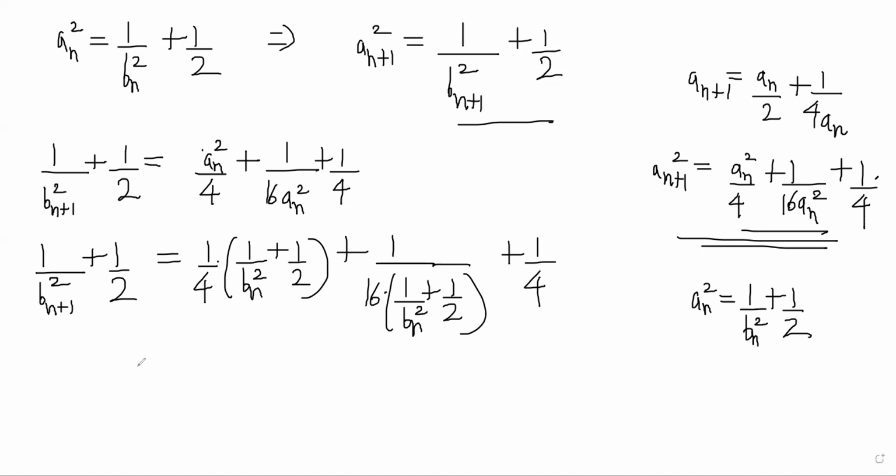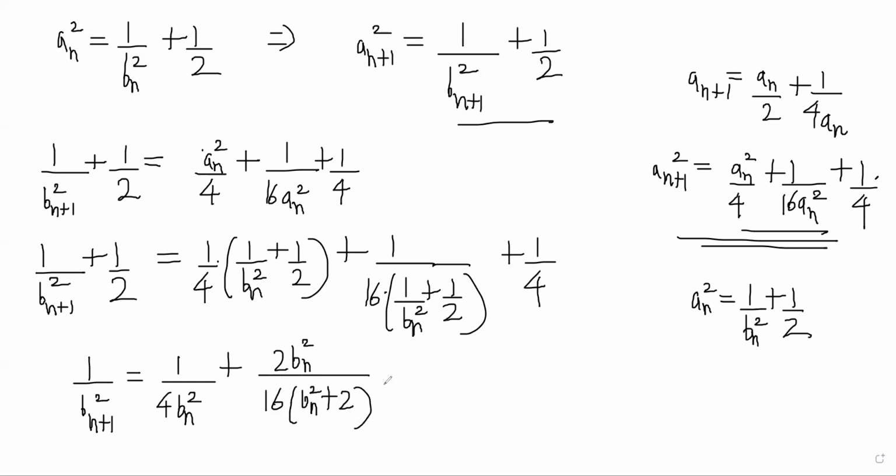So if you simplify this a little bit, you should get 1 by bn plus 1 square is equal to 1 by 4 bn square plus 2 bn square by 16 bn square plus 2 minus 1 by 8. I am just simplifying it, nothing major.